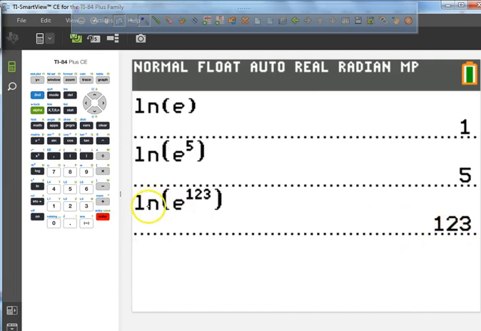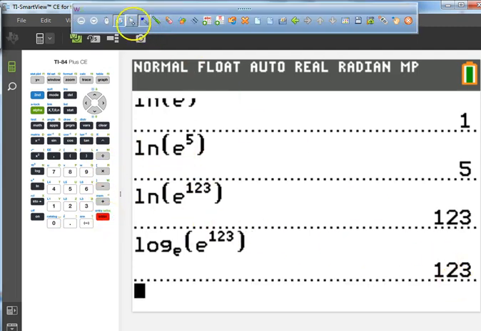Now, what did I say the natural log was equal to? The log base e. So, everybody, alpha window number 5. I can actually type in base e right there. Now, if I say e to the power of 123, what's my answer going to be? 123.